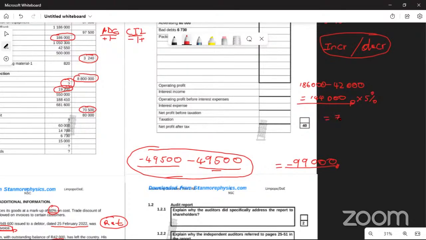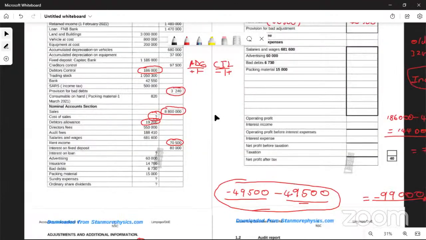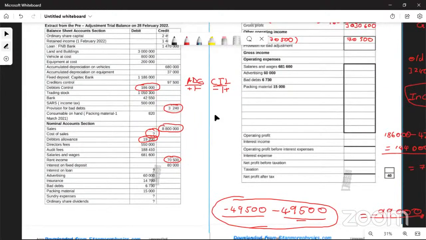It's 7,400. Make sure we took the correct figures. Okay, the provision for bad debt.